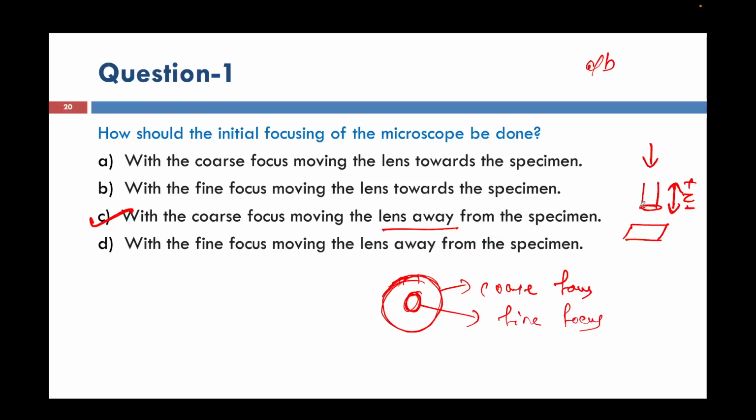If I don't get my focus correctly and I keep moving my lens towards the specimen, there is a chance that my lens will hit the specimen, and the specimen will be damaged. So you can remember that with the coarse focus, the initial focusing is done by moving the lens away from the specimen.